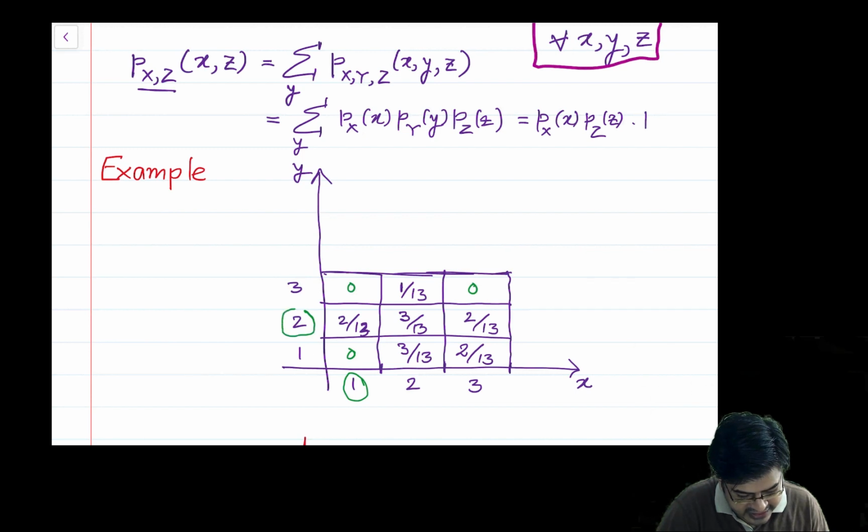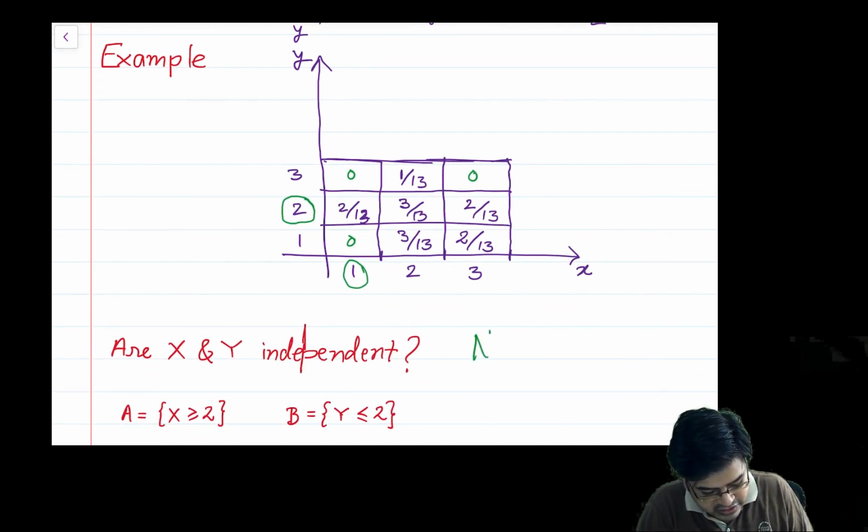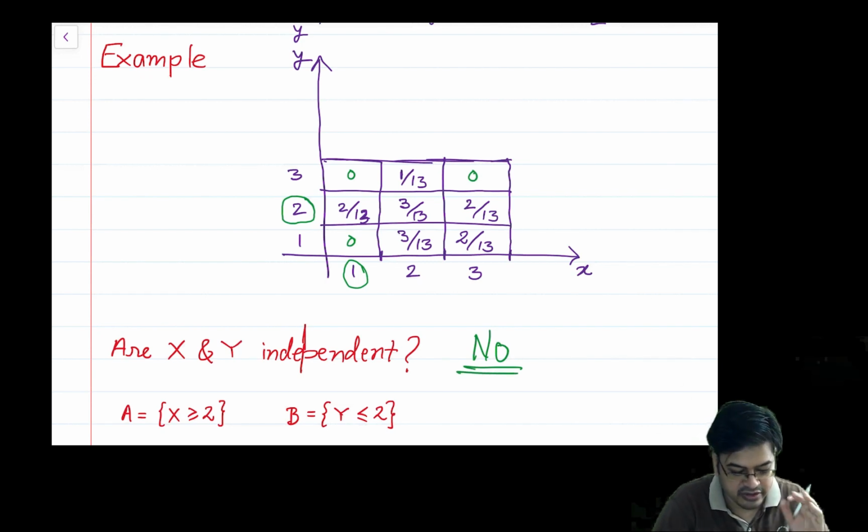Definitely, given that x has taken the value 1, the random variable y must take the value 2. Otherwise, all other things have probability 0. That means the information about x reveals the behavior of y. Therefore, the random variables cannot be independent. So the answer to the first question is no. They are not independent.